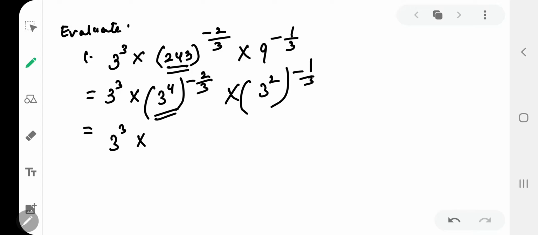Or else we can also do it like this, if you want. So it will be 3 raised to minus 8 by 3. I'll directly multiply, and then in the next step maybe I'll do the reciprocal.